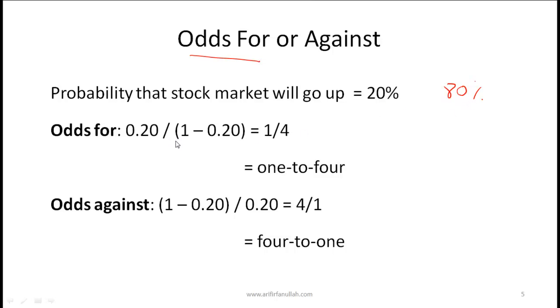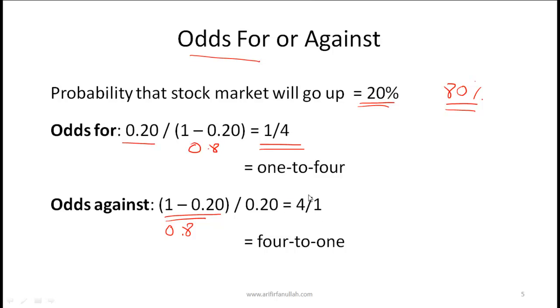The way we express this as odds, the odds of the stock market going up would be 0.2, which is this probability, divided by the probability of the stock market not going up, which is 0.8. So we can then say that the odds for the stock market going up are 1/4, and the odds against are 0.8 divided by 0.2, so odds against are 4:1.